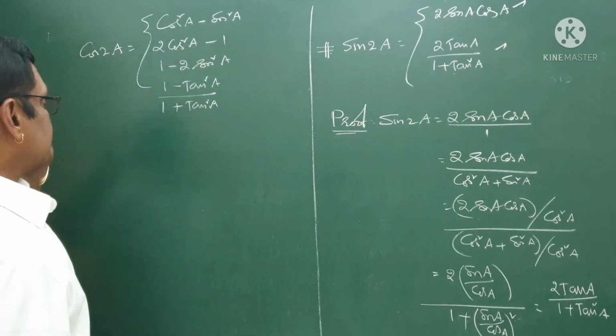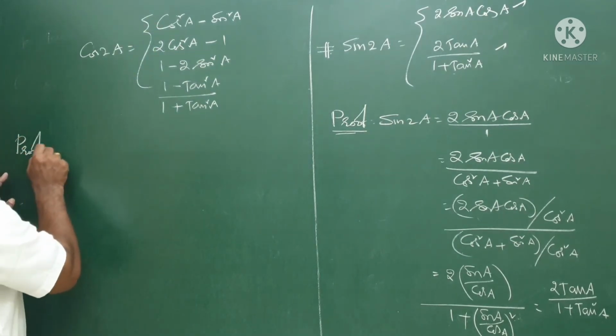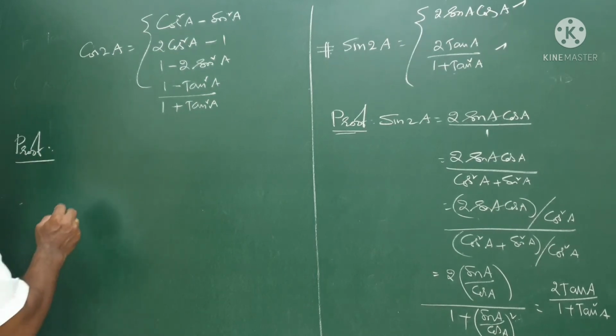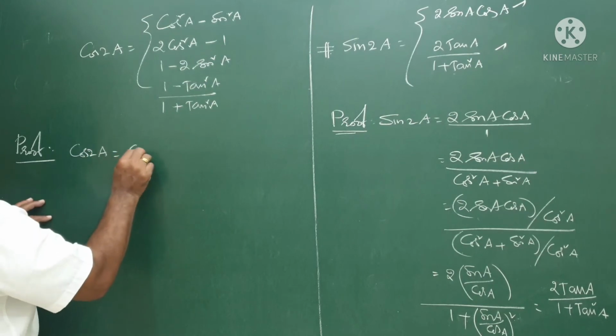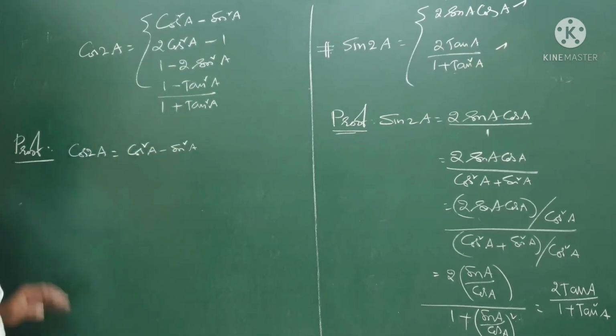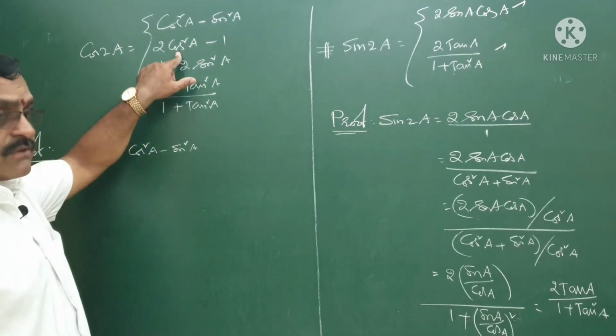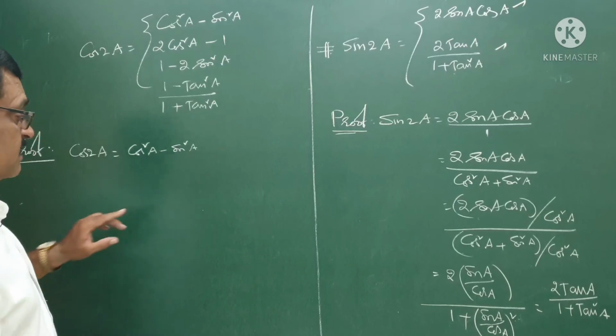So I will take the first one, already we proved, proof. It is very simple proof. Cos 2A is equal to, we have cos square A minus sin square A. I want in terms of cos, so remove sin by using the identity. What is that?